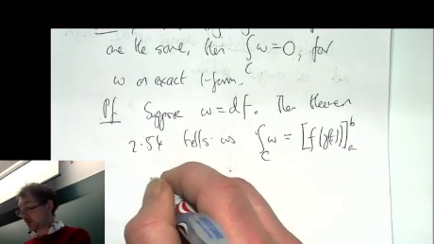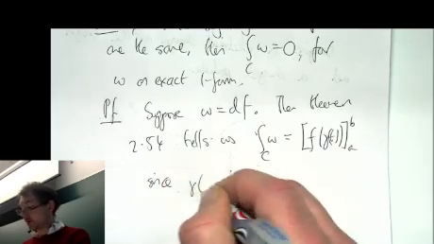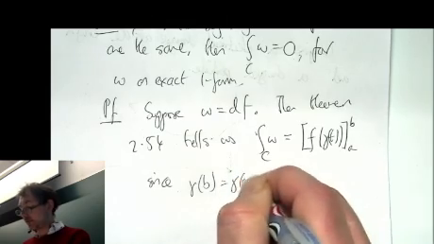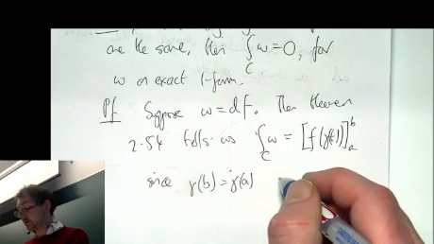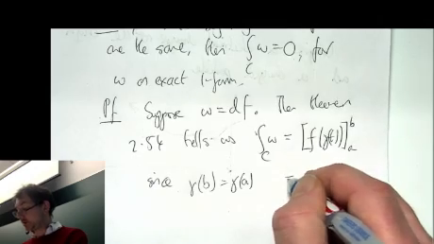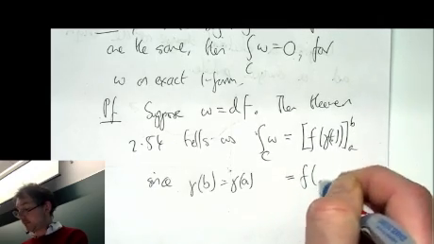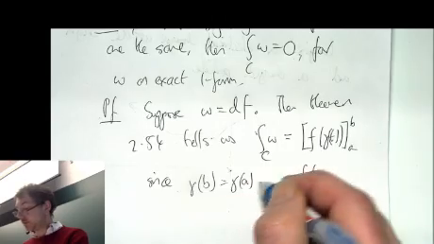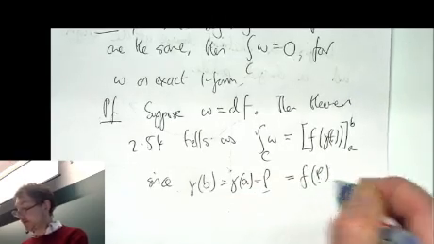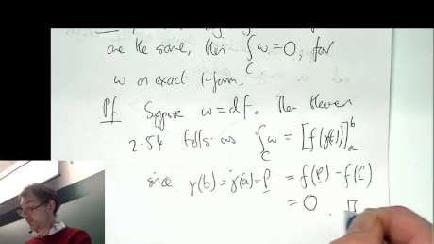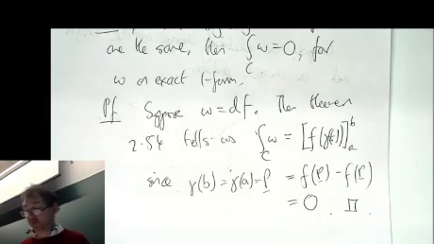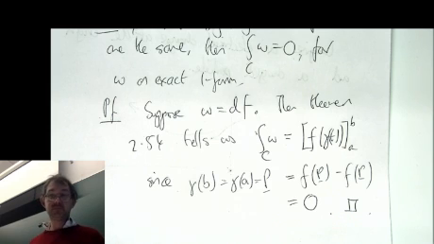Then since gamma of B is equal to gamma of A, because it starts and ends in the same place, we get that this is equal to, let's call this P, f of P minus f of P, and that's equal to 0. Okay, well there'll be lots of opportunity to practice with these things in the next few exercises.